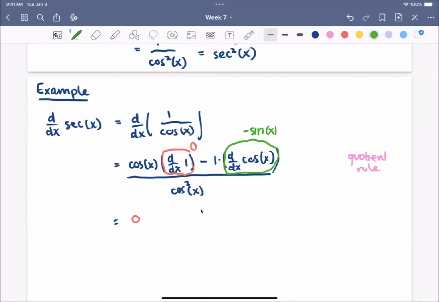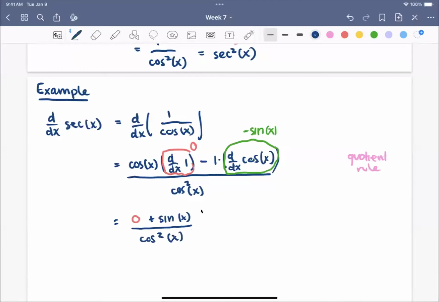So all together this is plus sine x, because these two minus signs cancel each other. 0 plus sine x all over cosine squared x.